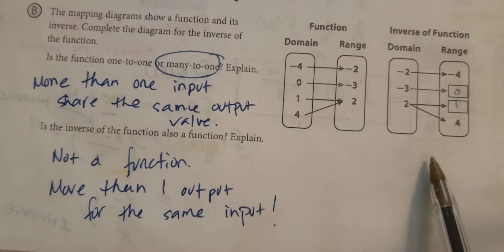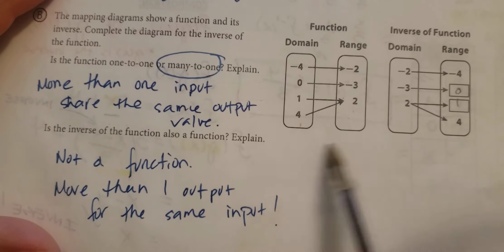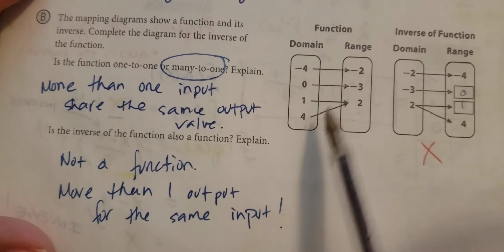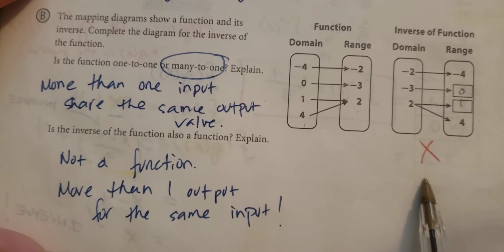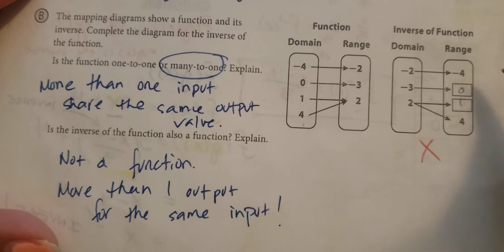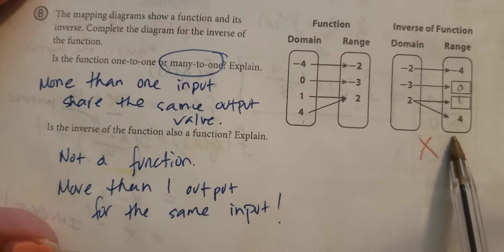So that doesn't work out. So what happens is this is a function. This is not a function. The moment you do the inverse of this, it's not a function, okay? And that's because your x value technically repeats, or the same input has more than one output.